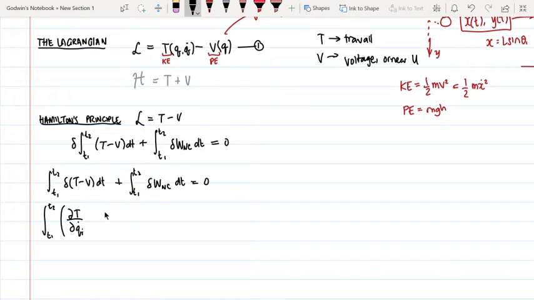So I'm writing the qi because mamaya meron tayong q1, q2, q3, right? Just for generalization. And then we're gonna write down here yung delta natin. Delta qi dot, right? So they cancel out and you're left with the partial T.